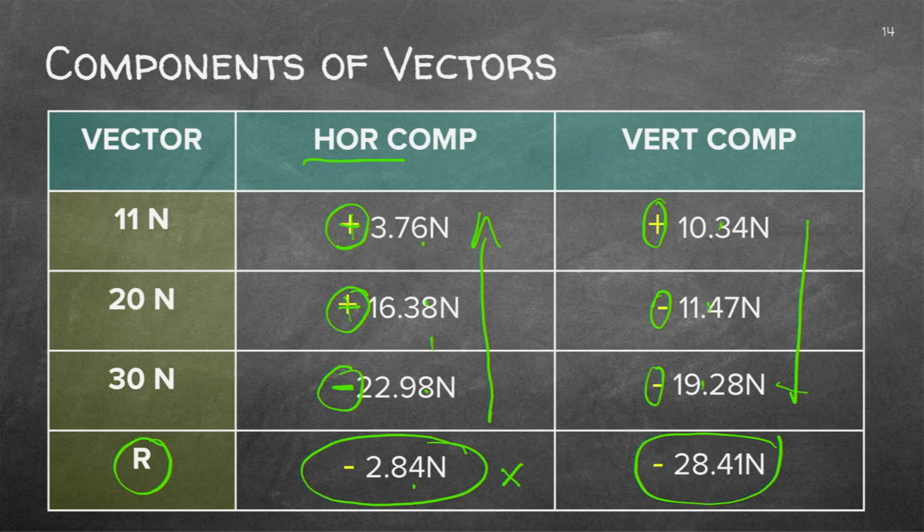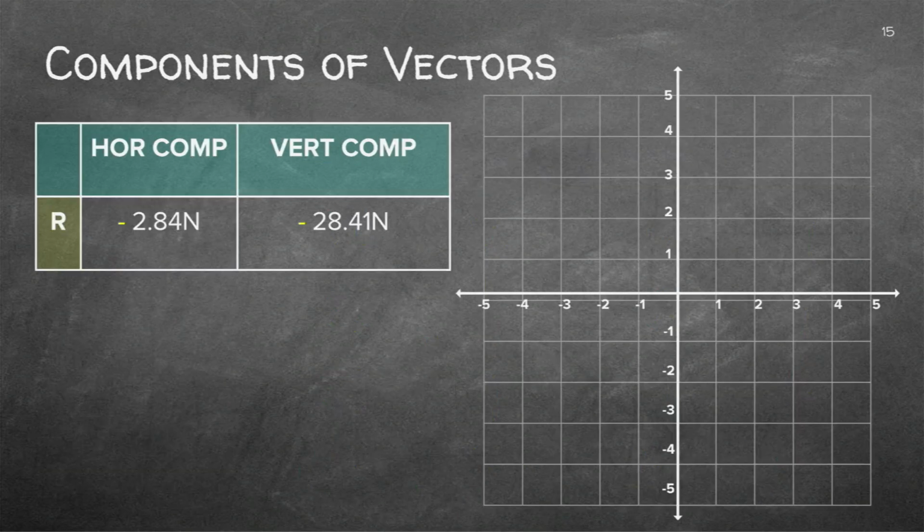So what do I do with this now? I'm now going to draw this resultant. And as you see, I've got a horizontal value of 2.84, minus meaning this side. So to this side, I'll draw a value of 2.84. Now, obviously, you can use a scale, but if we use math, we don't need a scale.